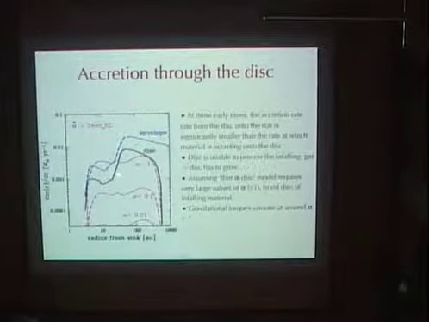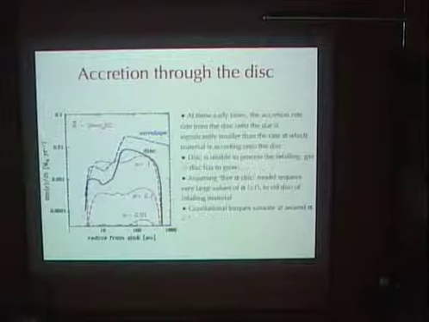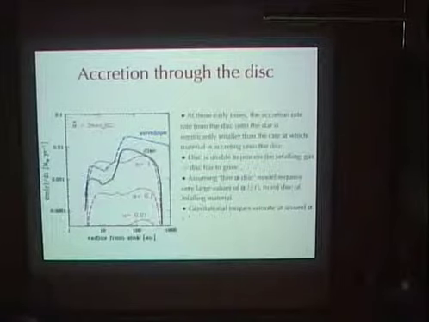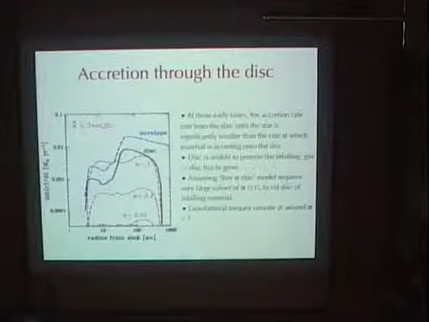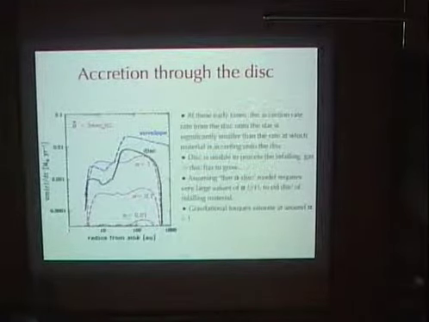But this blue dashed line shows the rate at which gas is raining onto the disk at that radius. So throughout the disk, it is gaining mass by accretion from the envelope faster than it's able to transfer this gas onto the central star. This basically means that the disk just gets bigger and bigger, and at some point it becomes gravitationally unstable.